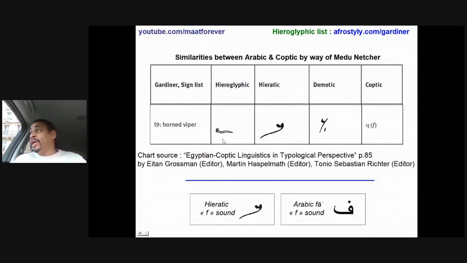And for those who take the classes, or those who have tried to learn the Medu Netcher by themselves, it stands for the sound F. And by the way, on the top right corner, you have a full hieroglyphic sign list. So from that snake or viper in hieroglyphic, we have the hieratic, then the demotic, and finally the Coptic.